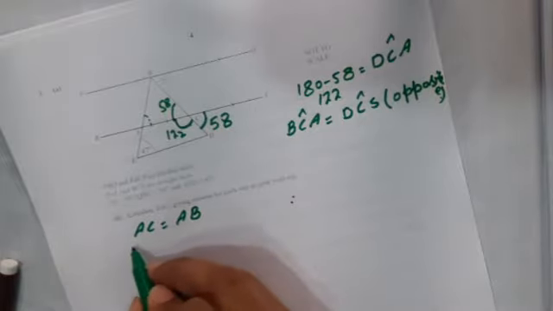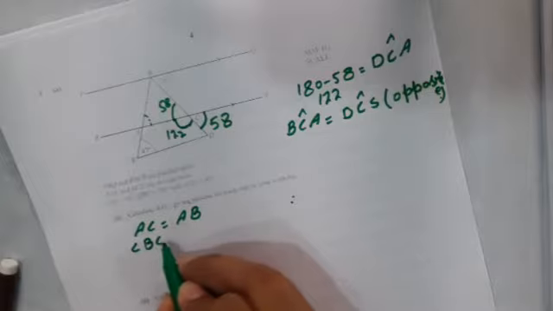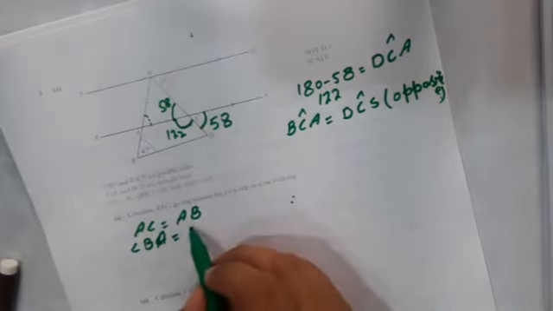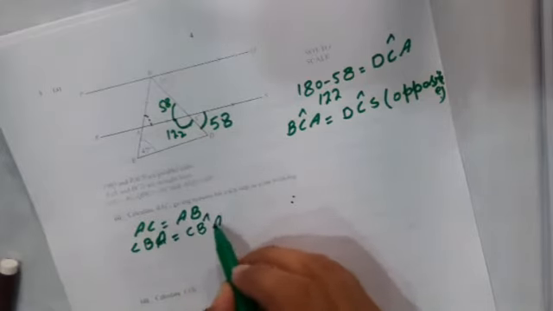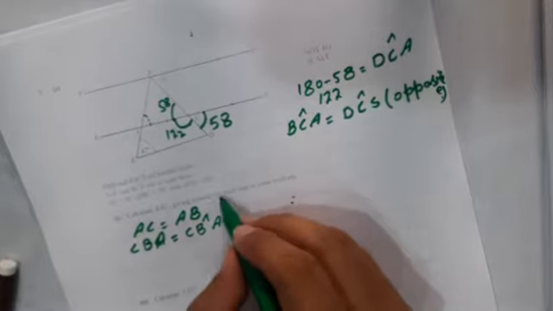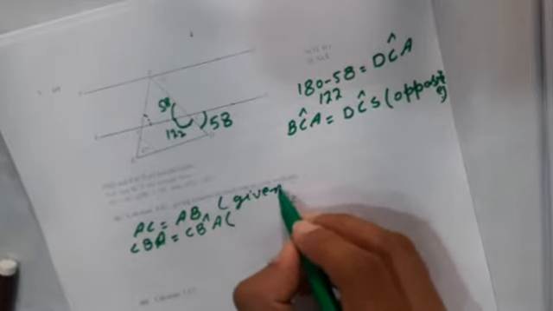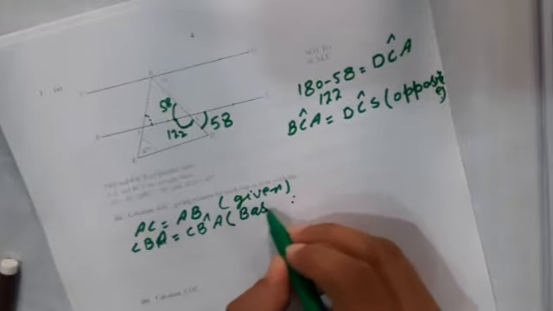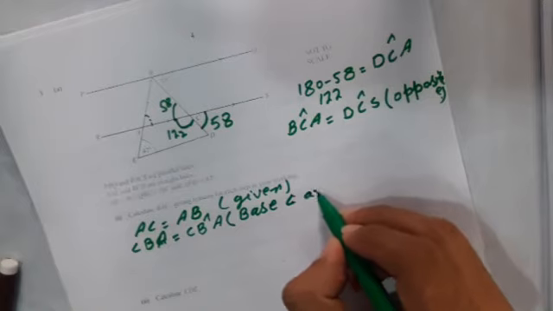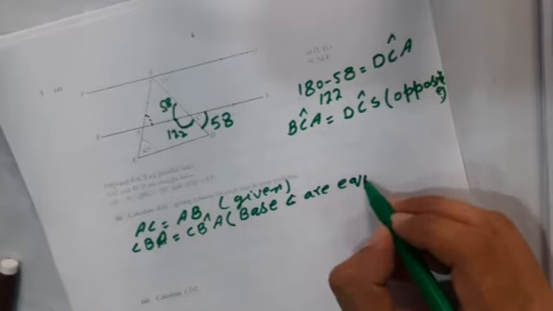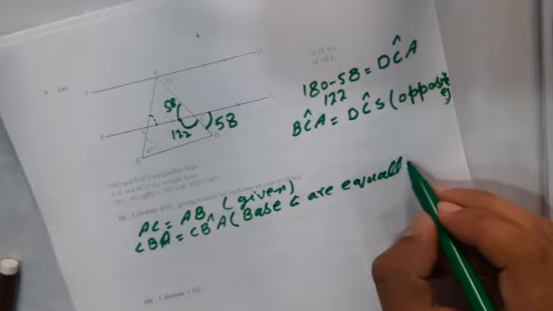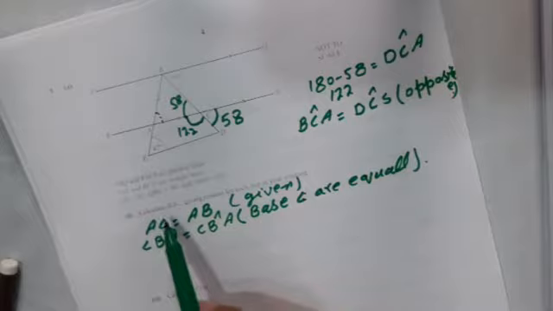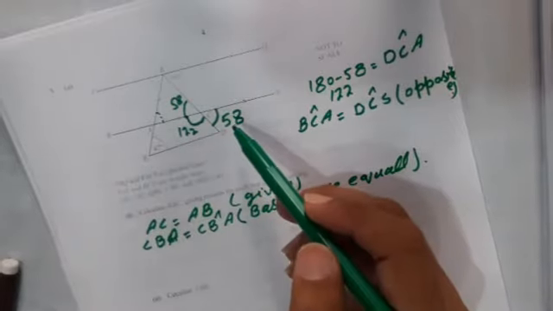So angle BCA will be equal to CBA because these are given equal, because base angles are equal, or you can write that this is an isosceles triangle. Now we have to find BAC.